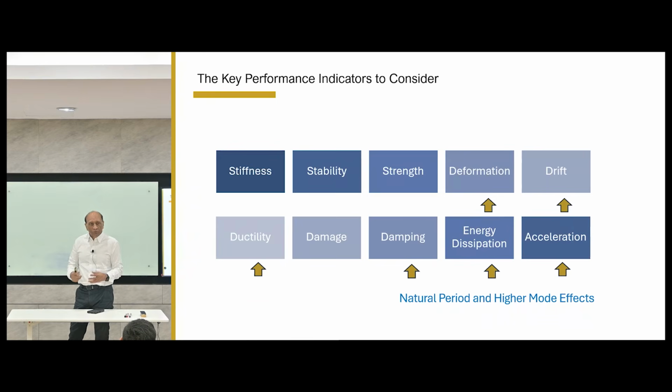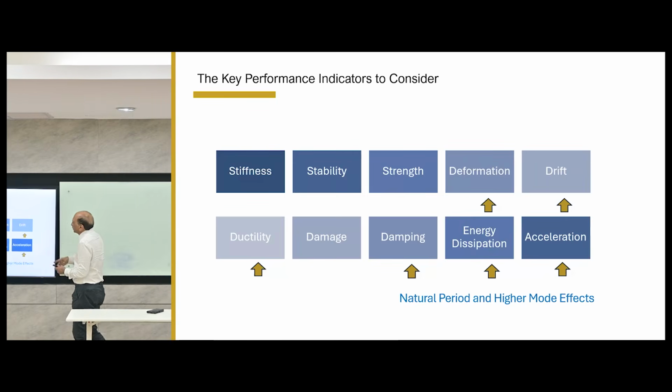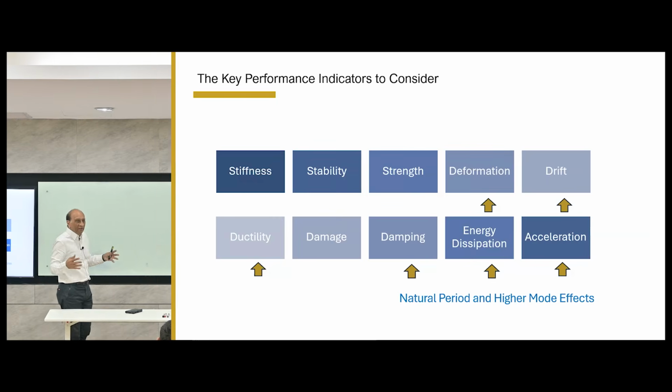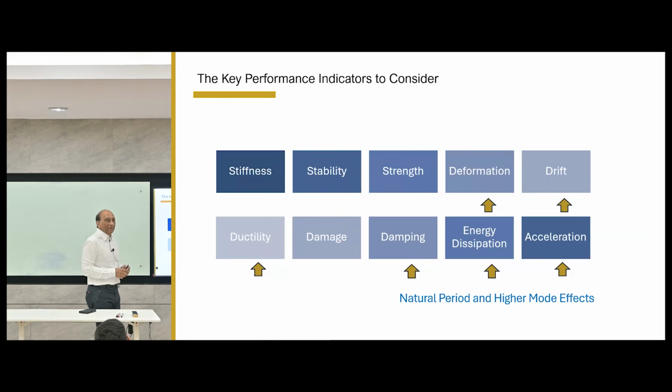So if we are able to measure this heart rate of the structure, then it will help us to assess the deformation, drift, acceleration, energy, damping, ductility indirectly. It will affect all these things. So if we know the heart rate, we will know where these things are going to go.